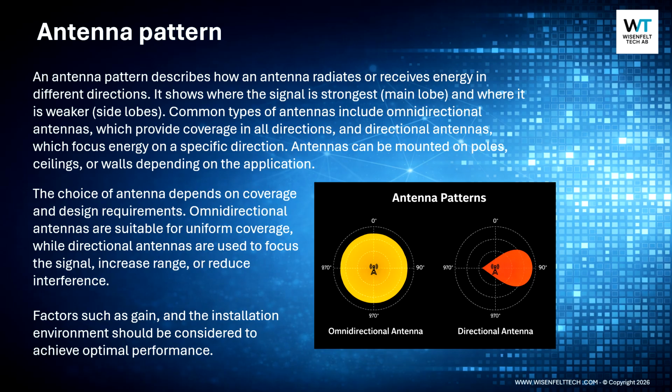Antennas can be mounted on poles, ceilings, or walls depending on the application. The choice of antenna depends on coverage and design requirements. Omnidirectional antennas are suitable for uniform coverage, while directional antennas are used to focus the signal, increase range, or reduce interference. Factors such as gain and the installation environment should be considered to achieve optimal performance.